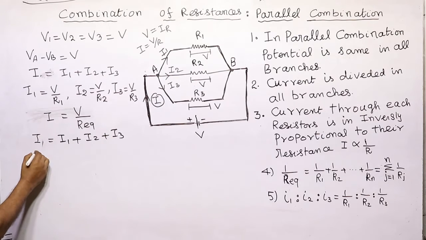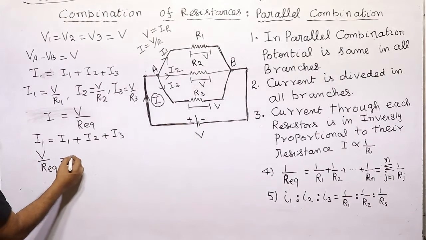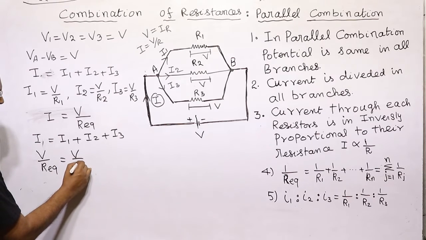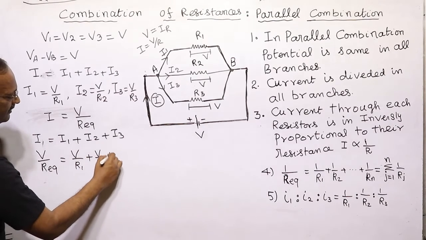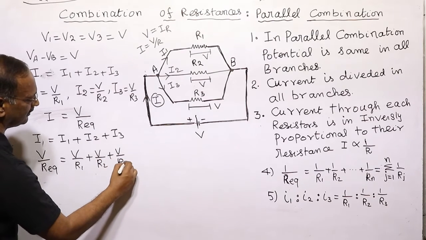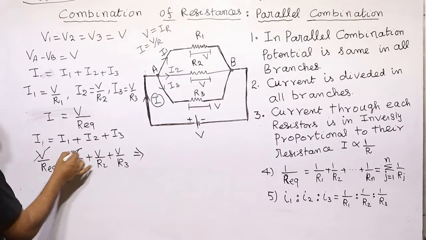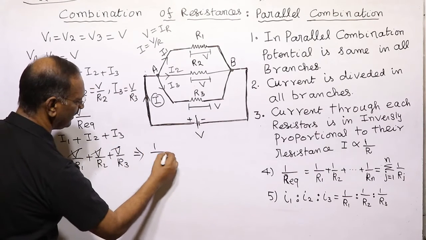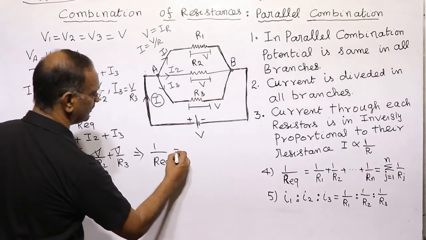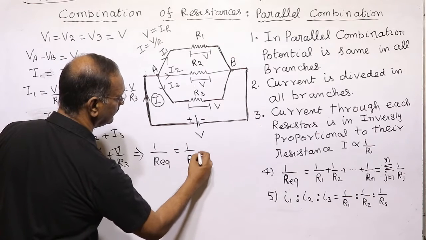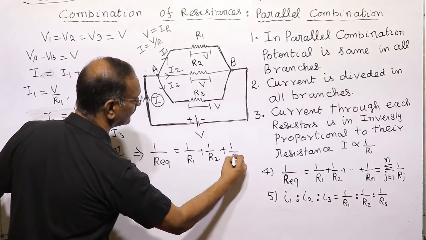That is, I is equal to V by R equivalent, which is equal to V by R1 plus V by R2 plus V by R3. That implies we can cancel this V, this V, this V. So 1 by R equivalent for parallel combination is equal to 1 by R1 plus 1 by R2 plus 1 by R3.